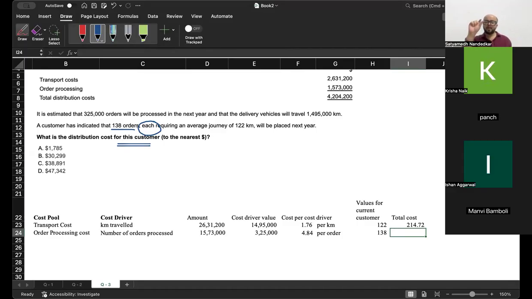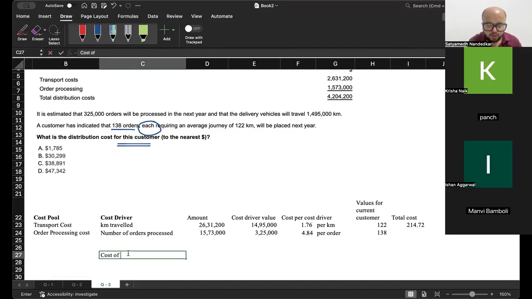So when I'm talking about the cost of executing one order, they have asked you the distribution cost for this customer. What is the cost of executing one order? It is transport cost plus order processing cost. Observe now.